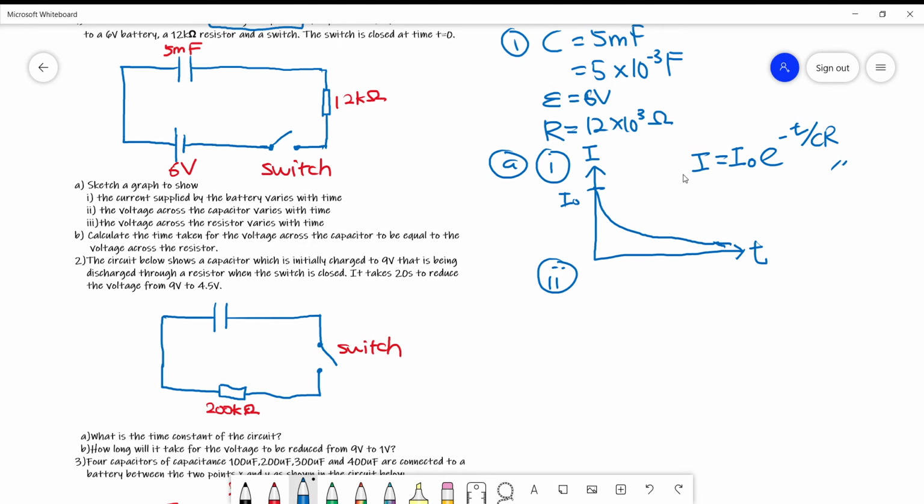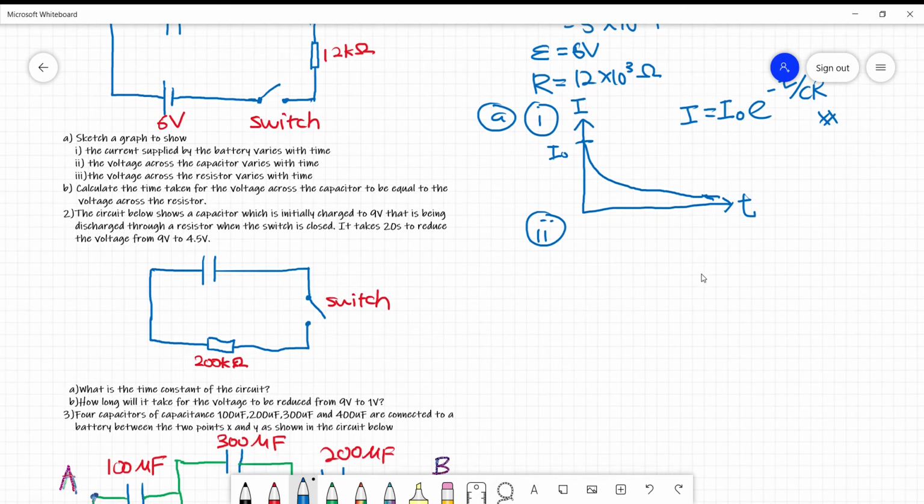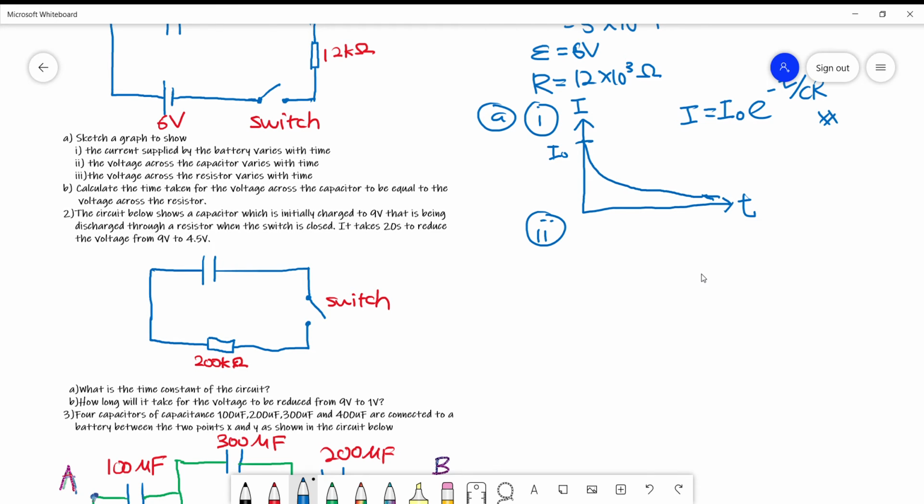This is the current for the charging CR circuit. As for the potential difference, my V across the capacitor equals V0 times bracket 1 minus e to the power of negative t over CR. Basically this is the formula.